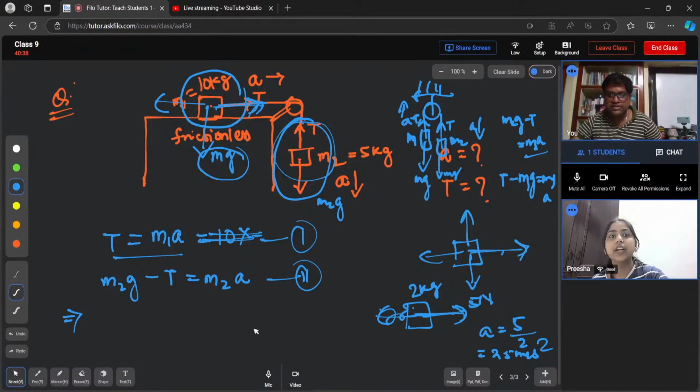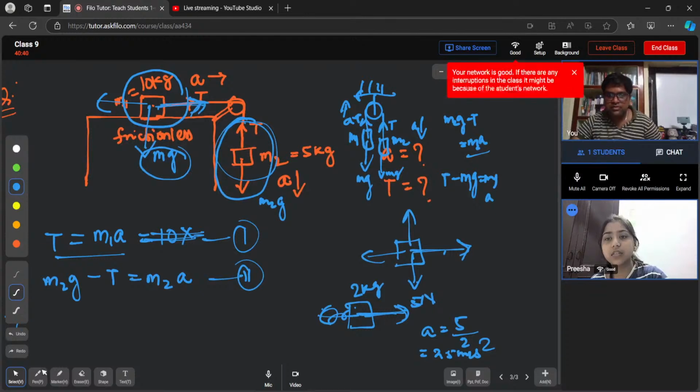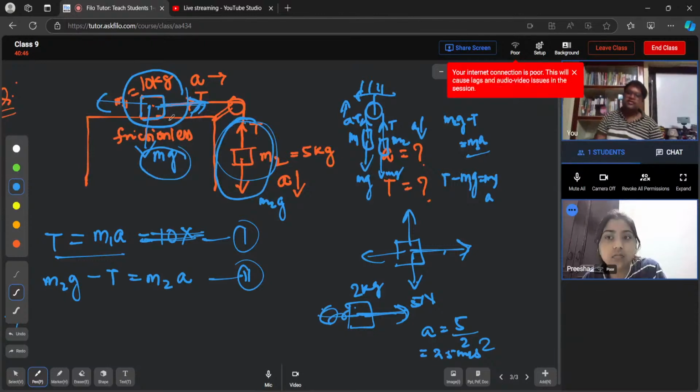But here the case is that this M1 mass is on the table. It's not hanging. So they will cancel out because of that 90 degrees. Here M1g is downward, but the tension is pulling to the right, not upward. That's why M1g has no role in its movement to the right.